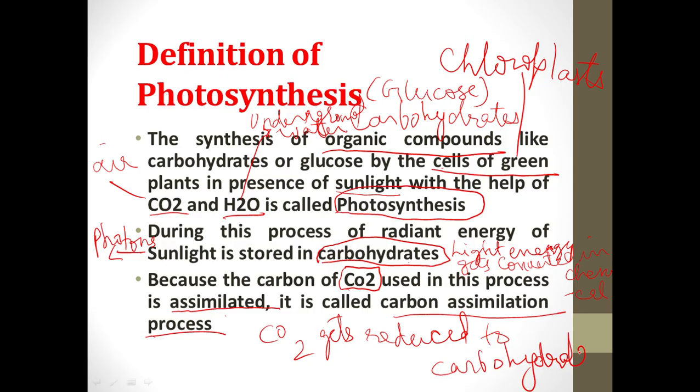This is what we are doing in photosynthesis. Not we, plants are doing it. They are taking the CO2 from the environment, they are reducing it and forming the carbohydrate. And in this whole process, they need energy and they are getting this energy from the sunlight. Clear? Now moving to another slide.